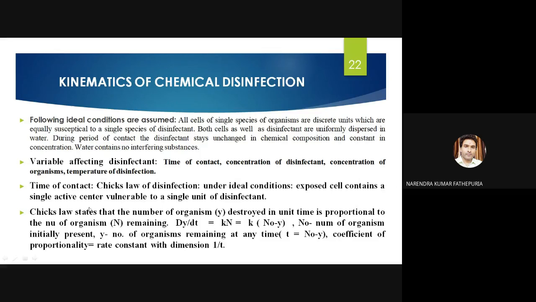An exposed cell contains a single active center vulnerable to a single unit of disinfectant. Chick's law states that the number of organisms Y destroyed in unit time is proportional to the number of organisms N remaining.